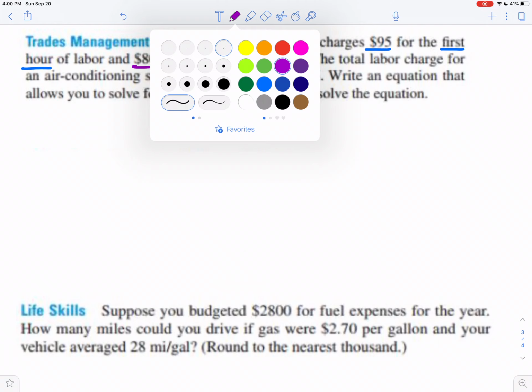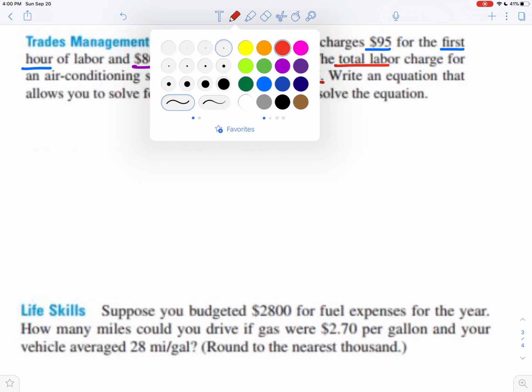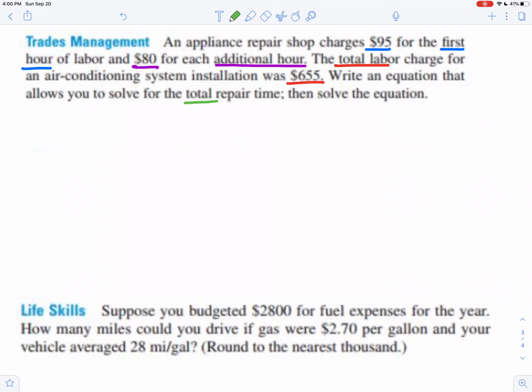The total labor charge for an air conditioning system installation was $655. So putting those two together, what we're looking for is the total repair time. So again, I'm going to let that be my variable. When I'm looking for one thing, I'm going to let that one thing be my variable. x is the total repair time.